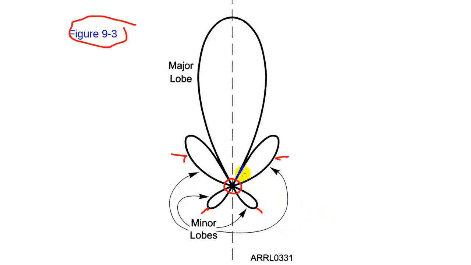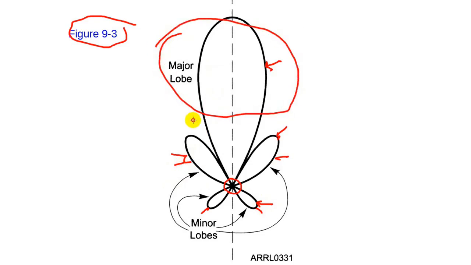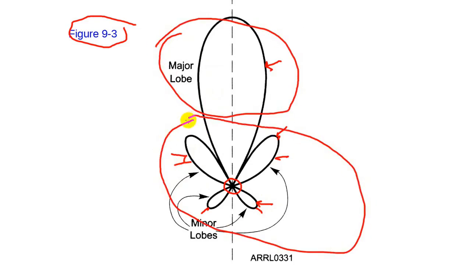Now, a lobe is a curved section of something, sort of like an earlobe. Looking at this radiation pattern in figure 9-3, we have a main lobe into which most of the power goes, and some minor or smaller lobes. Also, very important, note the very deep nulls in between the lobes. This actually is quite important.